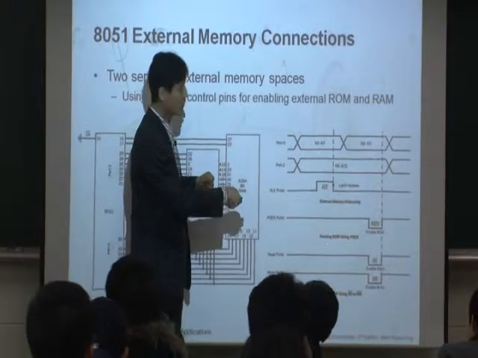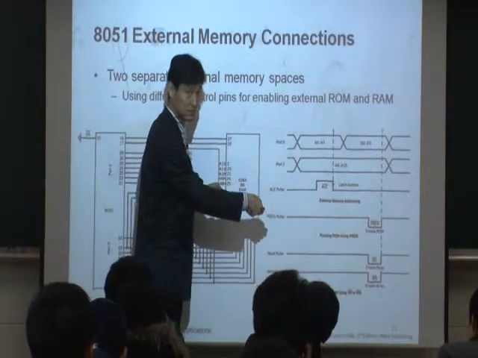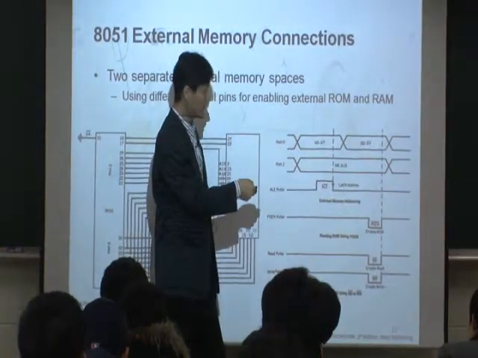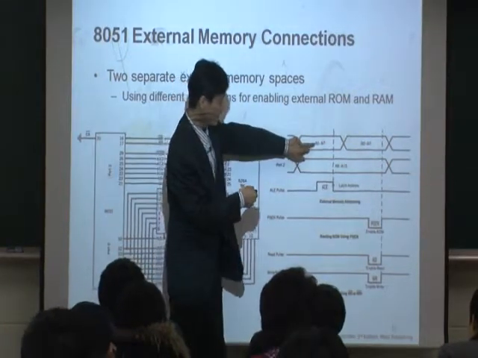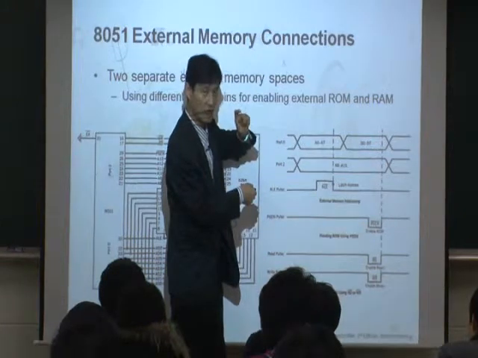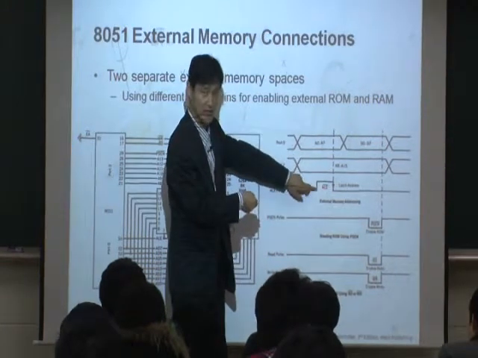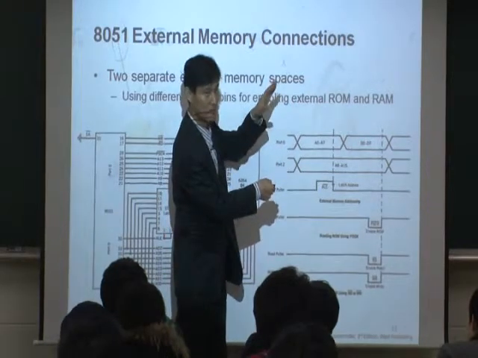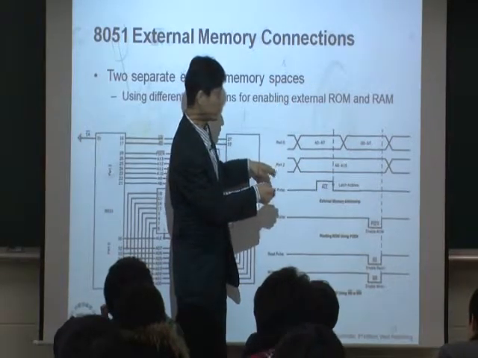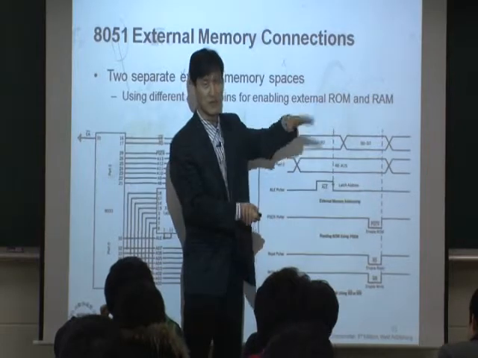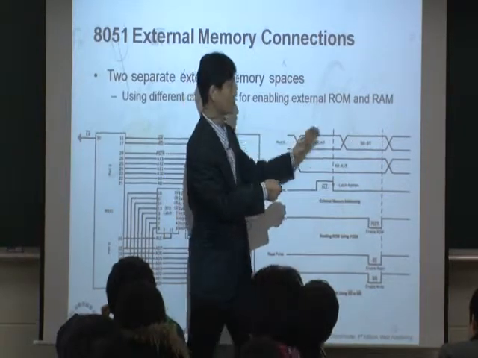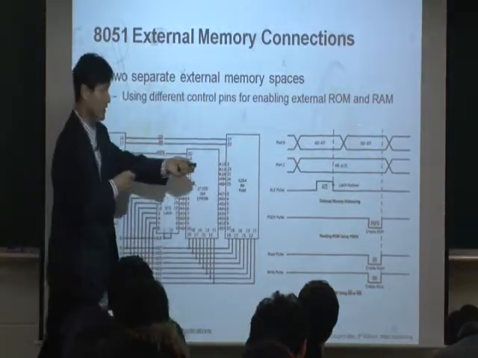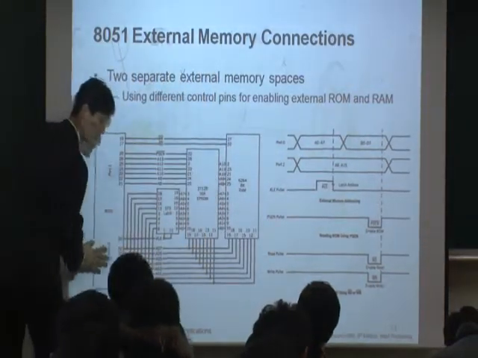Okay? And on the next cycle, next period, what happened is this value, the lower 8 bits of the address, has already gone into the latch. So now, using this port, you send out data. This port 2, you can just send address, no problem. But this one, you want to switch to the data. Okay, now on the next time, right here, we are sending data here.